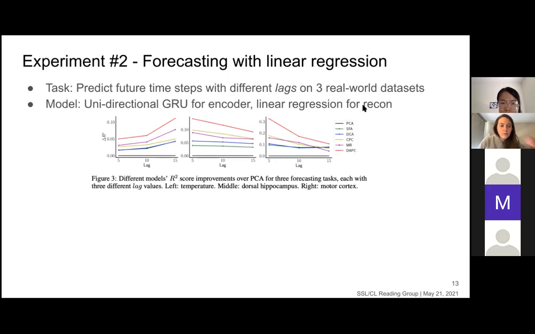All right, this figure shows the R2 score for reconstruction, and it is not the absolute R2 score, it is in comparison to PCA. I think they use PCA as the baseline, so you'll see a PCA of 0 here, and the red lines indicate DAPC, their method, and they compare it to CPC and other methods here.